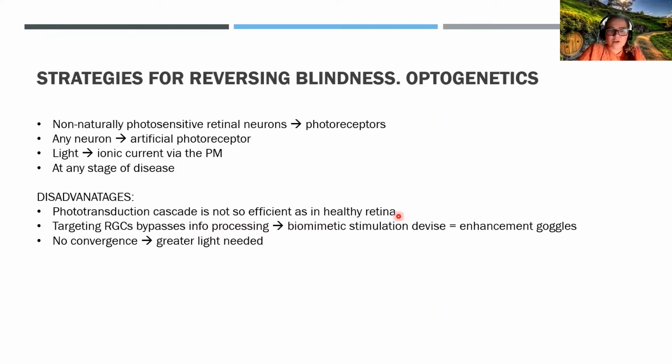If you imagine all your cones and rods are degenerated, and you express those opsins on retinal ganglion cells, the light goes directly to retinal ganglion cells, and there is not so much processing of the light at the photoreceptor level, and therefore the signal that is transmitted to the brain cannot produce a view as good as with healthy eyes.